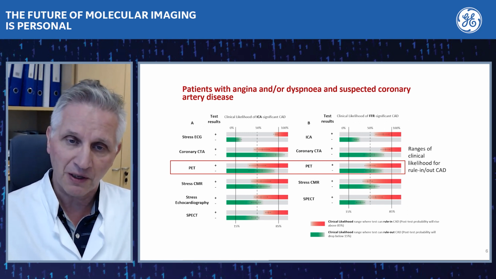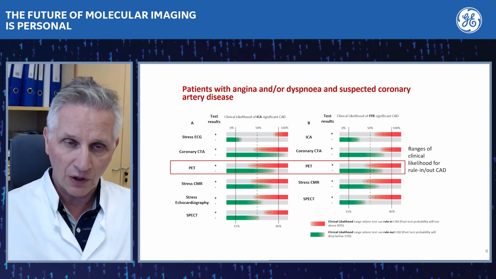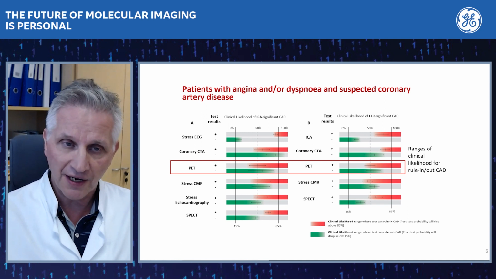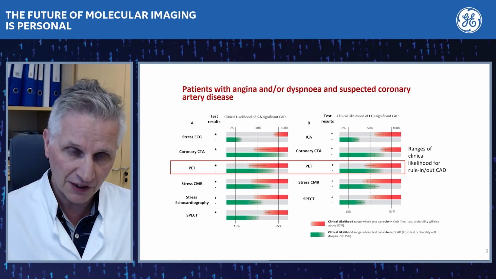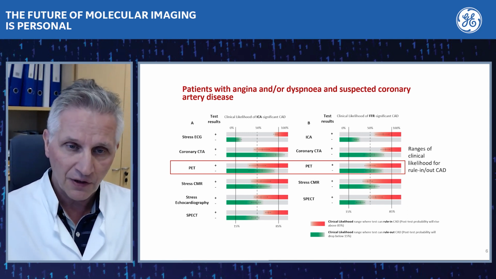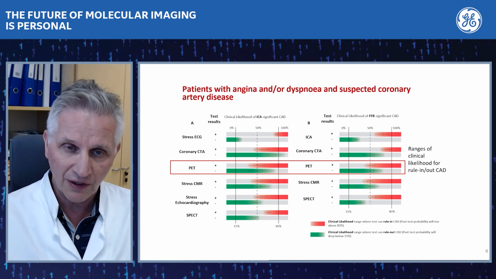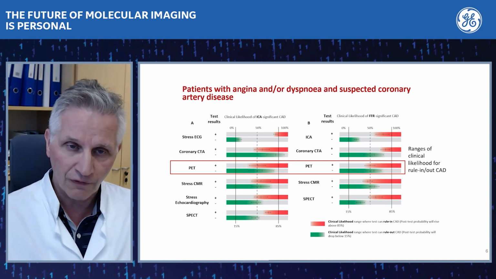Let me explain a little bit about this graph because it's a busy graph. So if you look at the left panel, the reference standard there is anatomical obstructive disease based on the invasive angiography and visual assessment. And there, if you look, the green color means when the test can rule out the coronary disease, and the red color denotes the area of clinical likelihood when the test can rule in the coronary disease.